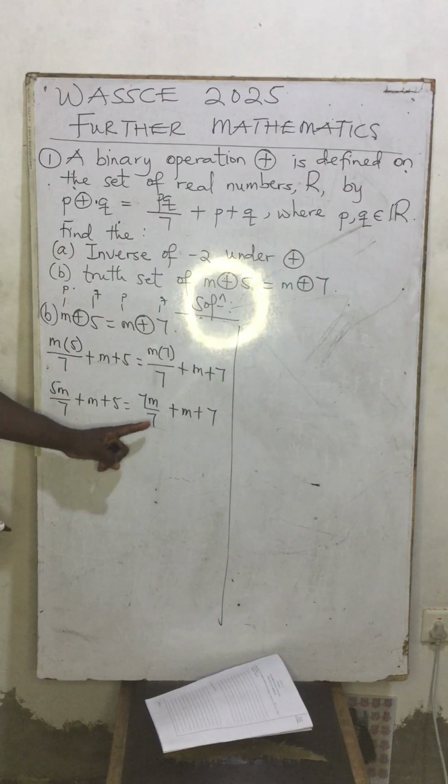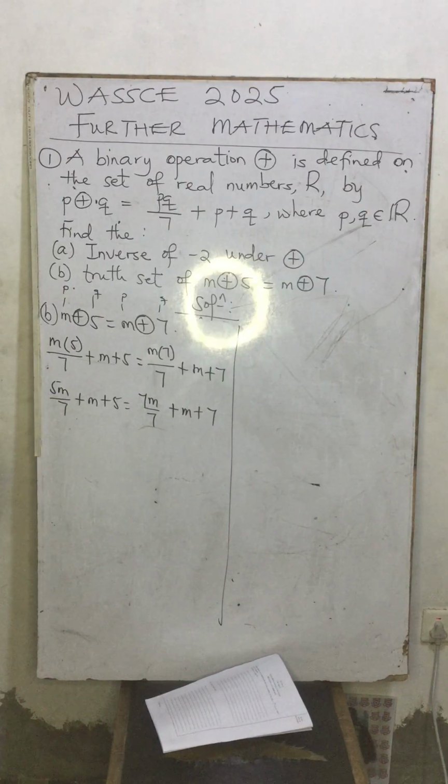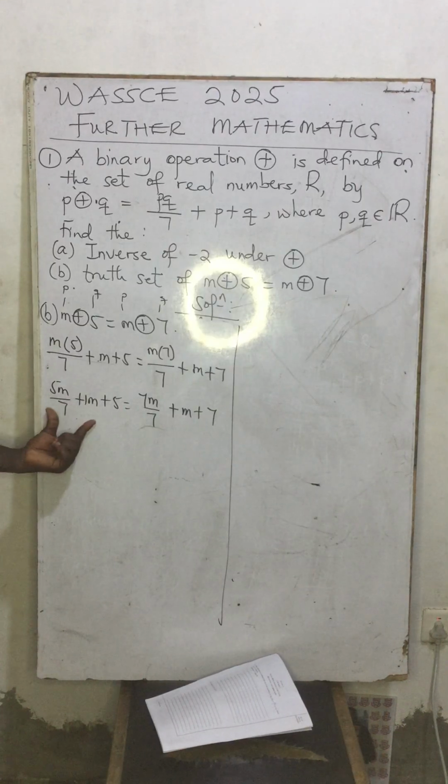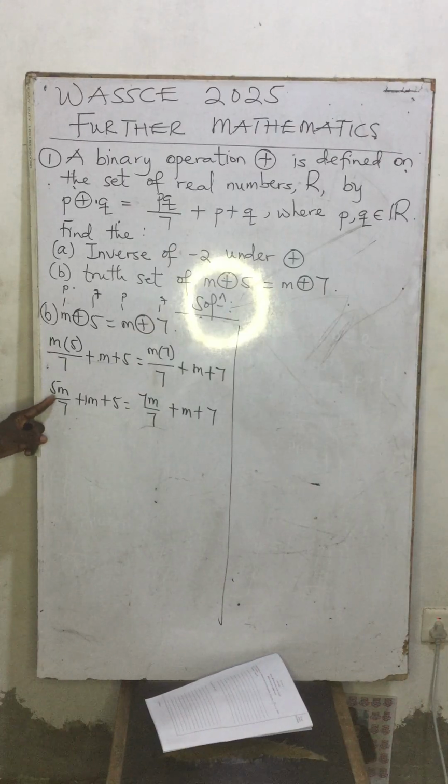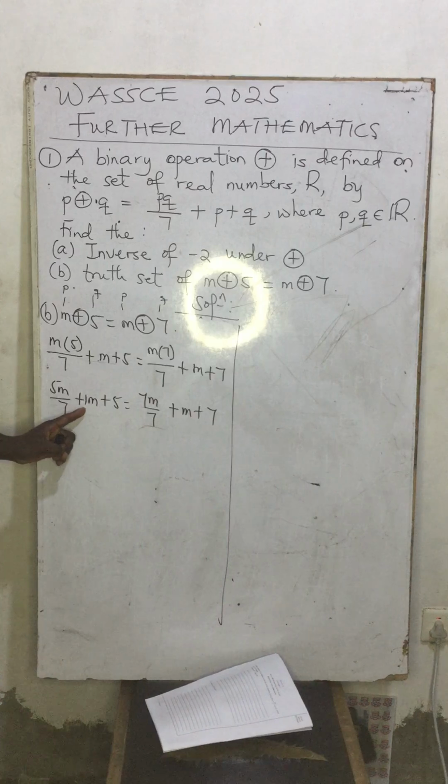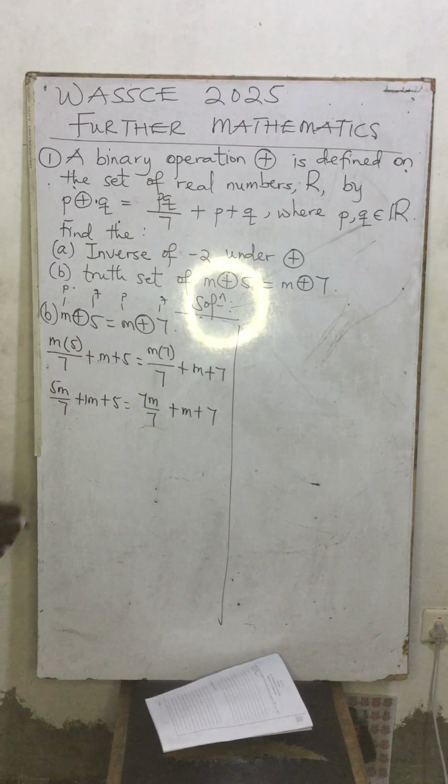Alright, now 7 can cancel 7, and here is just 1. So when you check the like terms, 5 over 7M plus 1M, so 7 times 1 is 7, plus 5 is just 12.